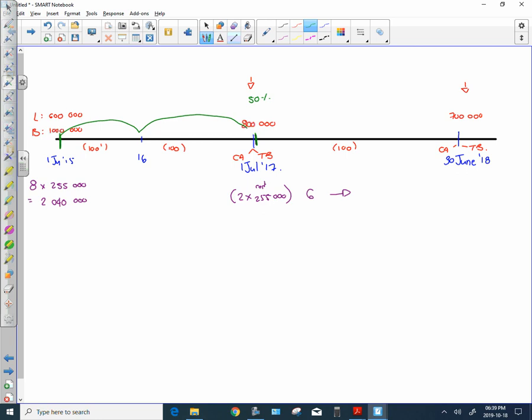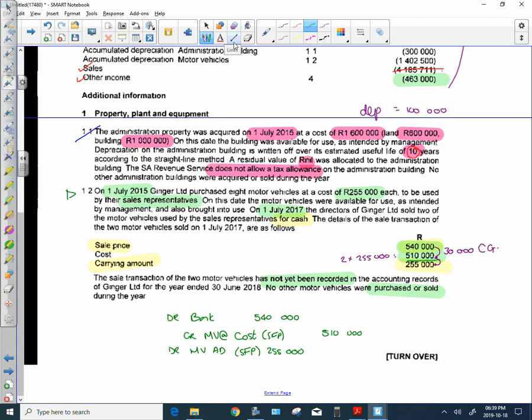They haven't told me the depreciation rate at all yet, as far as I've read, but I can safely assume that might be 25% a year. So your brain's already thinking, how are these things depreciated? If 50% over 2 years, most probably 25% a year. Right, so that's my accumulated depreciation, and then that means I made a profit of the difference, which would be, is it 285? 285.